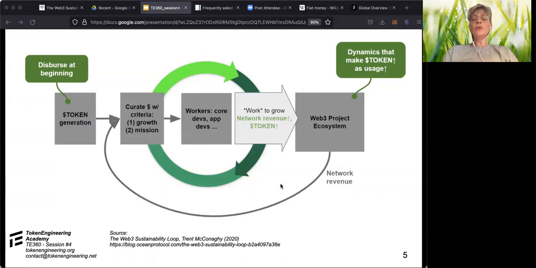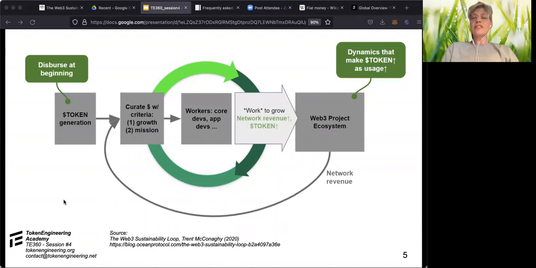Revenue is then looped back to workers in a curated fashion. This is the circle. Projects are chosen based on growth potential and aligned with the project's mission. Funding can go to the funding team and other project teams. They all perform work to grow the token value and network revenue, and the loop continues.